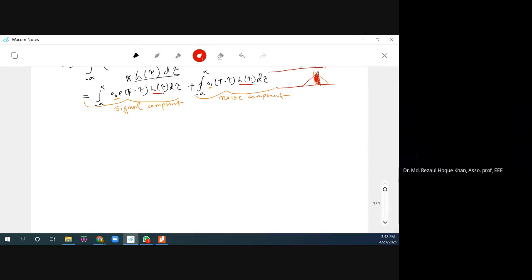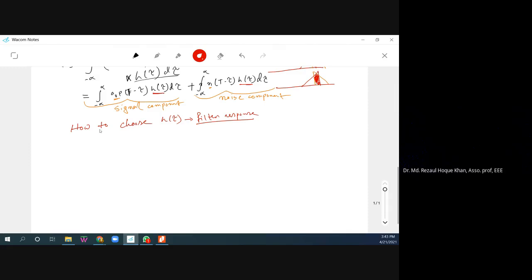Okay, now this is the question: how to choose h(tau), or design the filter response, or we can say the impulse response of the filter or impulse response of the LTI system. How to choose it?